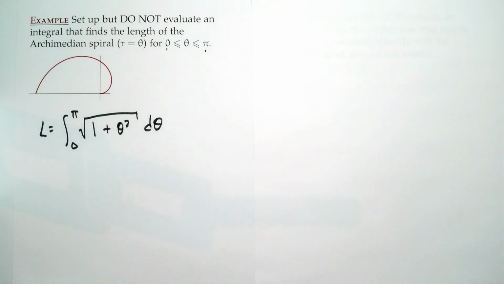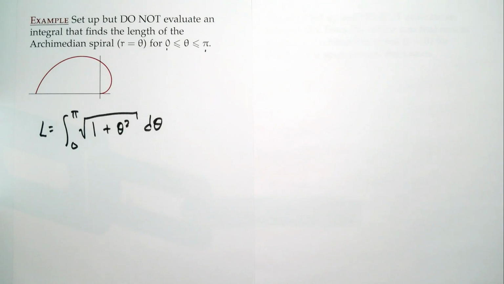So that's the whole problem. We've set it up. Now, you might be wondering why it tells us not to evaluate. Well, the square root of 1 plus theta squared is unpleasant. If you were to do this, what would be the right substitution? What's the right technique to use?